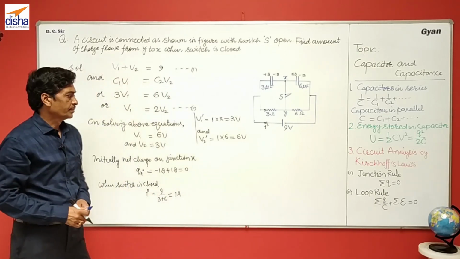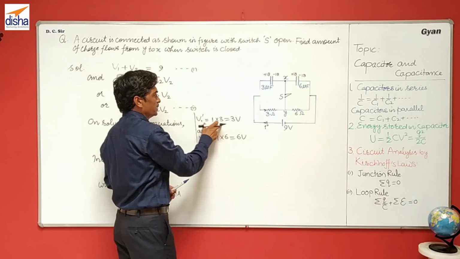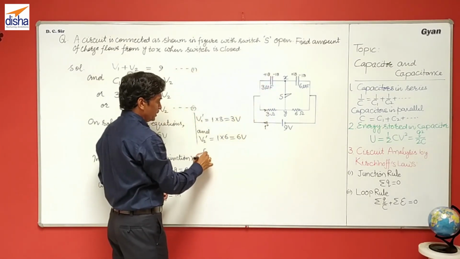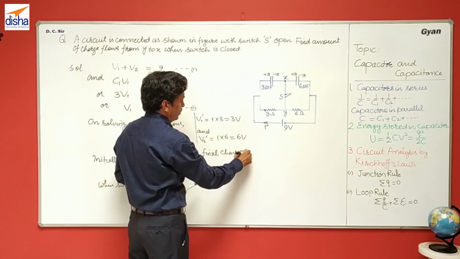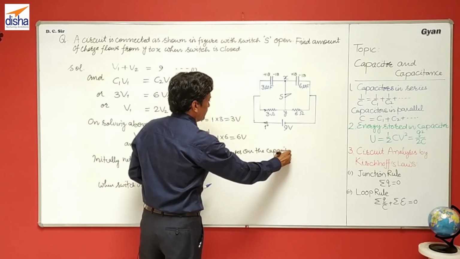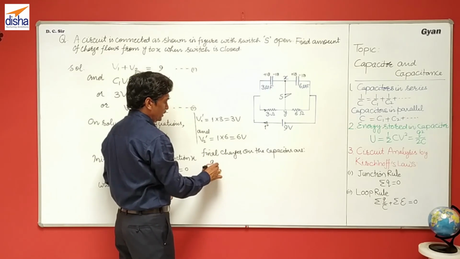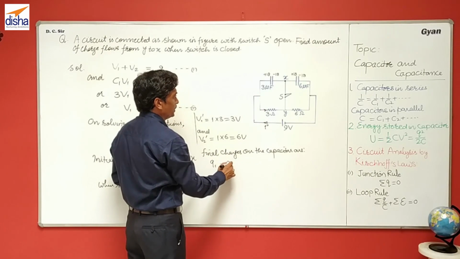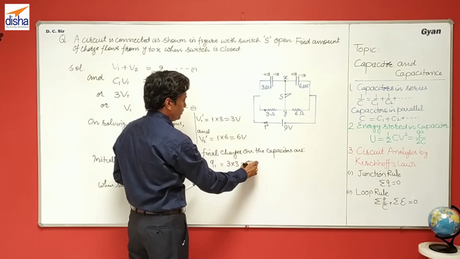Now the final charges on the capacitors: as the PD across this one is 3, the charge Q1 is equal to C into V, that is 3 into 3, so it will be 9 microcoulomb.